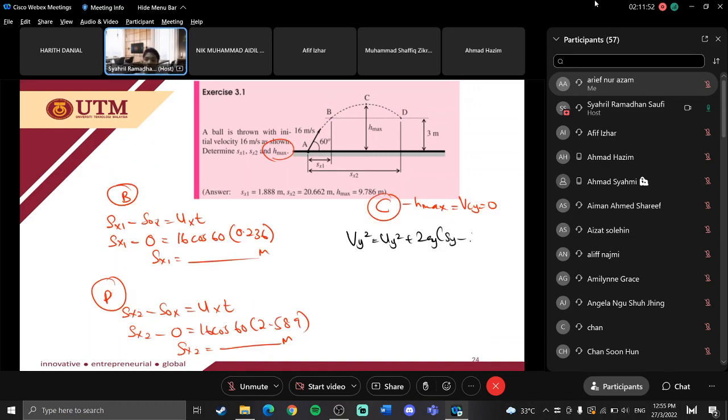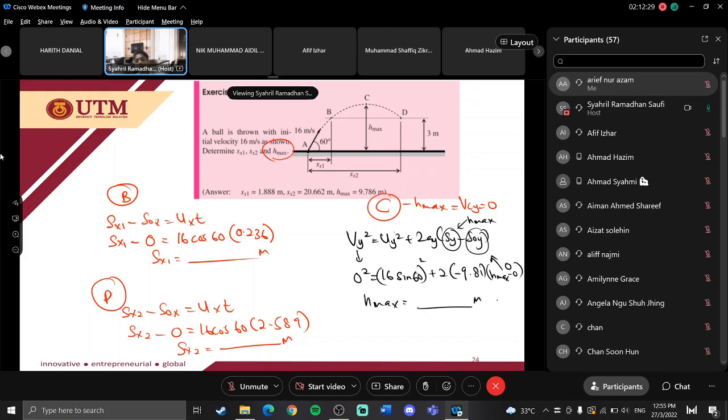This Sy is actually your Hmax, and your S naught y is 0. So Vy squared is 0, Uy squared is 16 sine 60 squared, plus 2 times negative 9.81 times Hmax minus 0. Then you will get your Hmax in terms of meter.